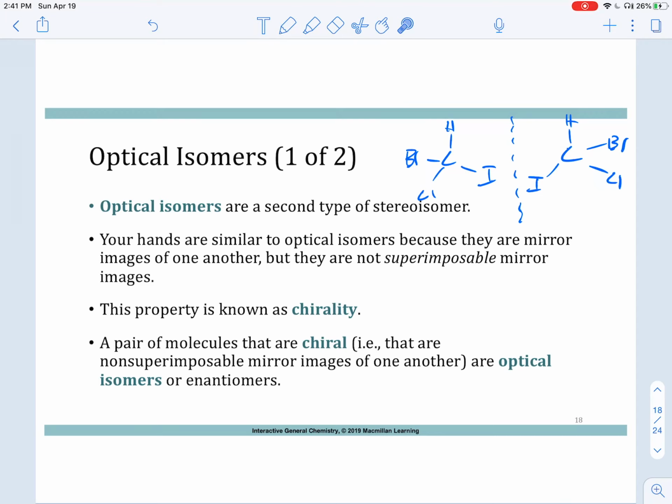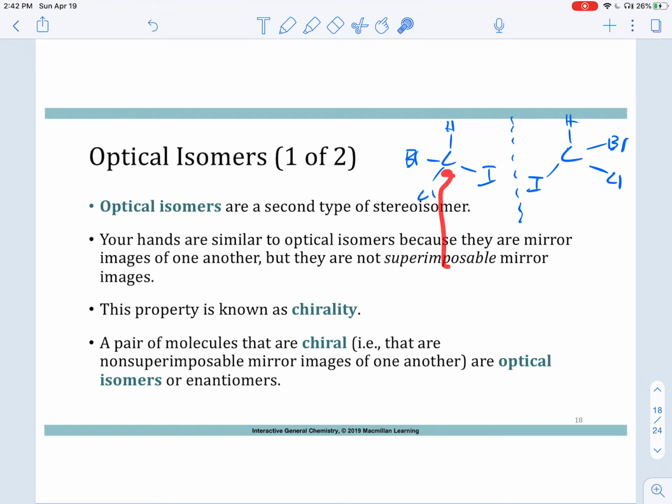Right away, they might look like the same molecule, but this is just like your hand. If I turn this one and try to flip it on top of this one, I can't get them to match up. So they're very similar, but subtly, at this center, there's a connection difference, and it comes from connection, directionality, and where they're connected. So those are chiral molecules.